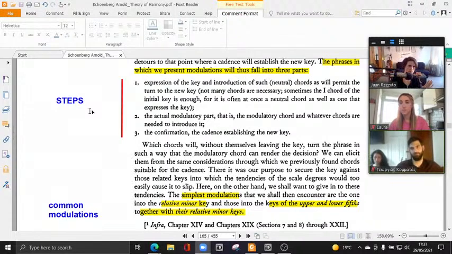It says sometimes the tonic chord is enough because it's a neutral chord and expresses the key. Let's stay in C major. We're in C major. We want to modulate, either to G major or F major. Now, what is the relationship of the function of C major in G major and the function of C major in F major?